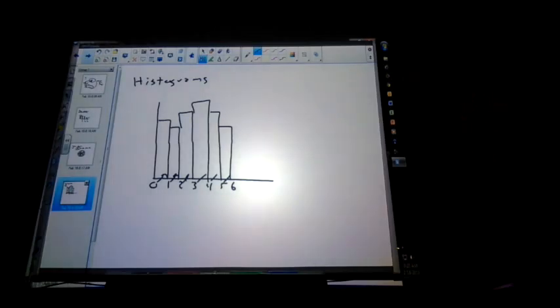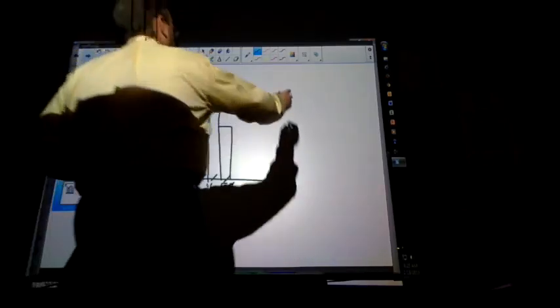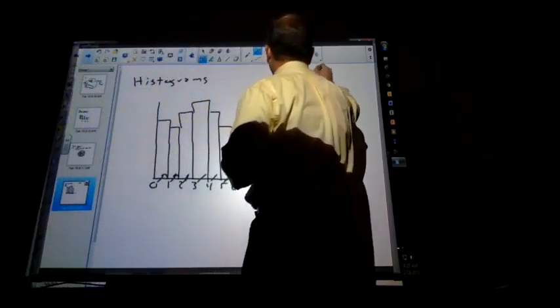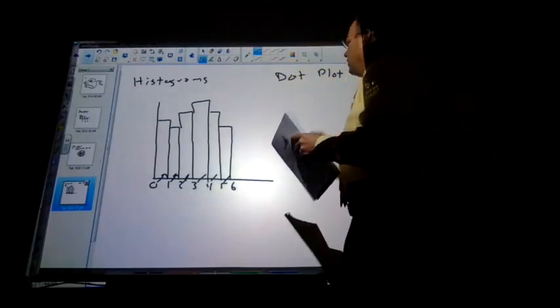Okay. So eliminating sometimes the highest and lowest scores, you're eliminating the outliers, which gives you a little bit better representation of the data. And then the last thing I want to talk about is something called the dot plot. A dot plot is a lot of times just like a histogram.